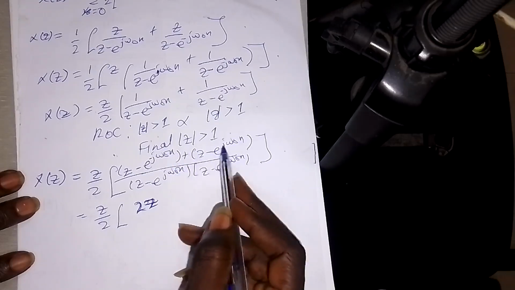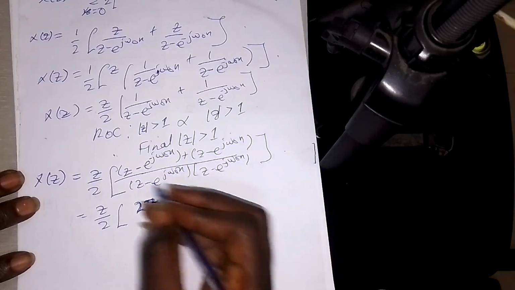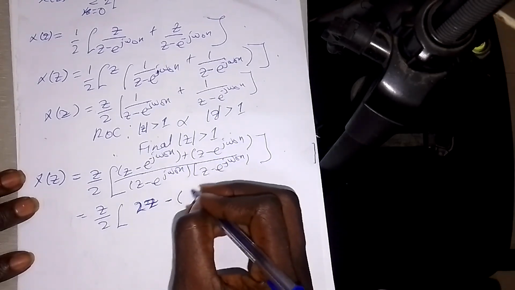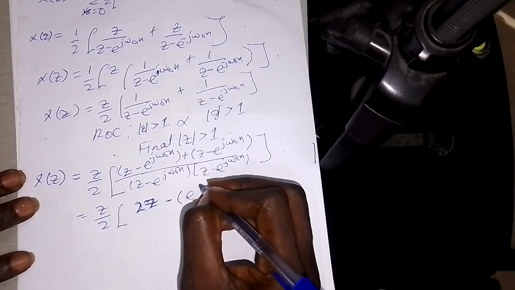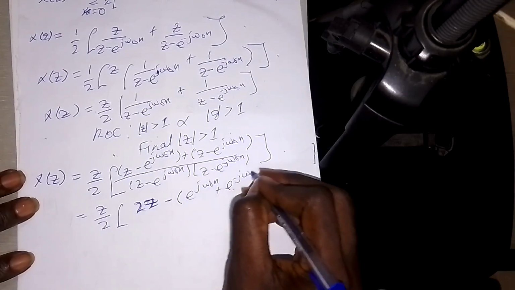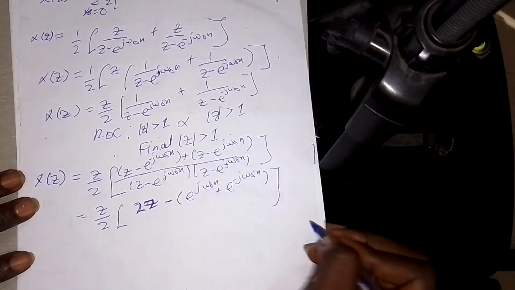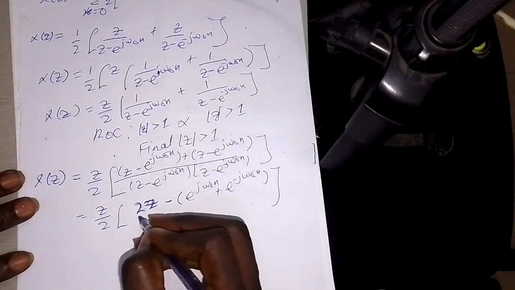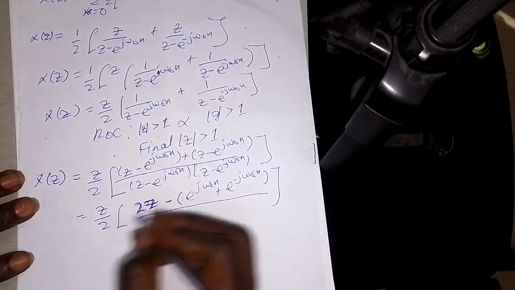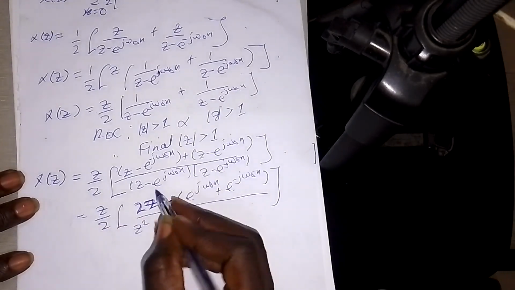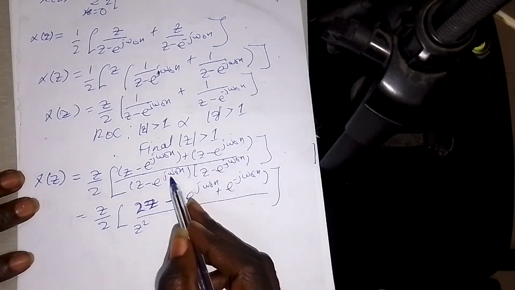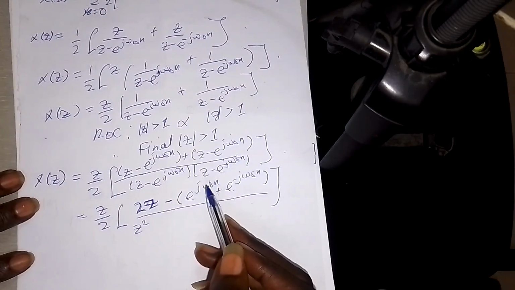Now I can bring minus 1 out, then here I can have e^(j omega naught n) plus e^(minus j omega naught n). This is how I can do it, and it is all over z squared, and then this into this.